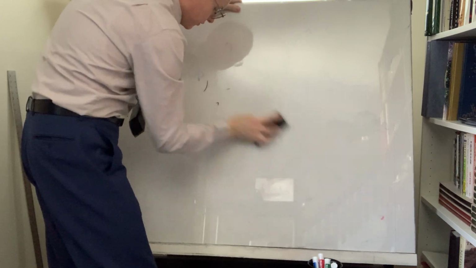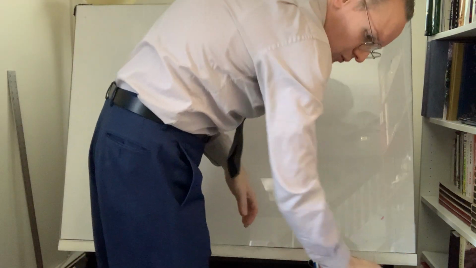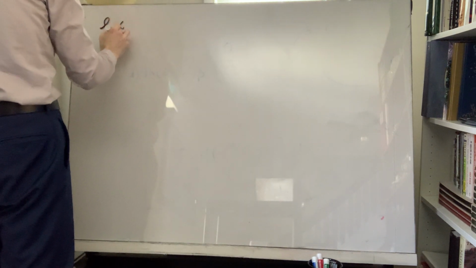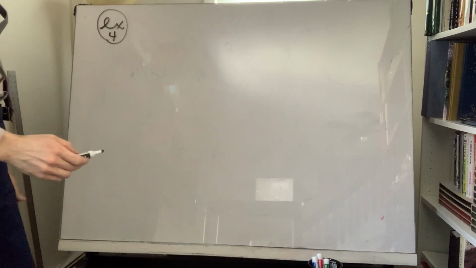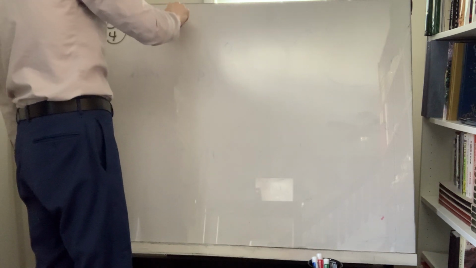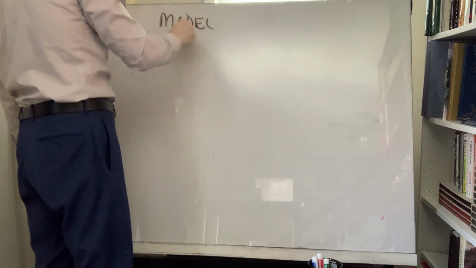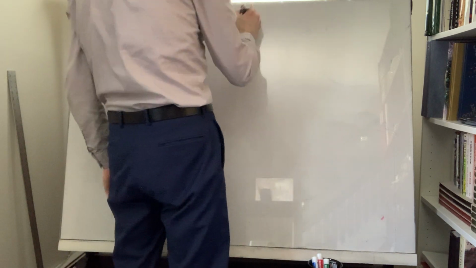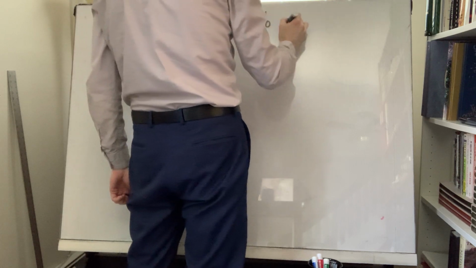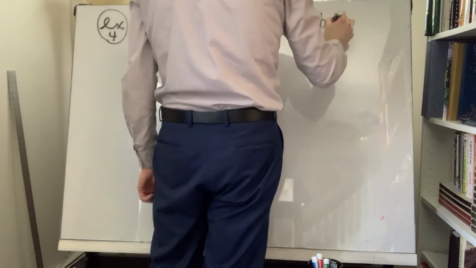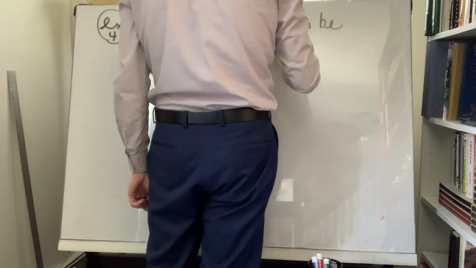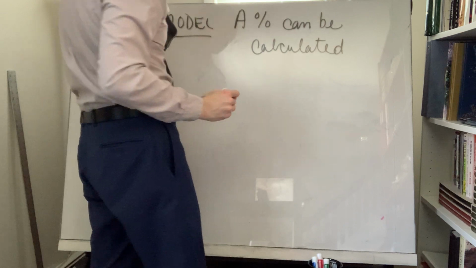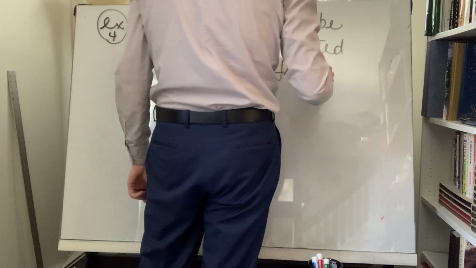At least if you have it printed. Here's what you can do. Remind yourself of a couple of things. There's a model to borrow, and this is it. A percentage can be calculated from any total.